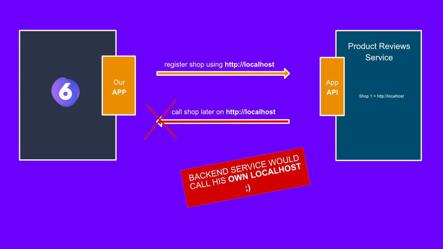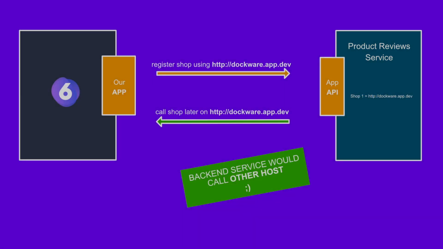It's a dynamic registration process when installing the app. So the Shopware domain is localhost, but we gotta teach him that he must not send localhost to the backend service, because then the backend service would call himself. So we have to create any other domain that is callable in the end from the backend service.